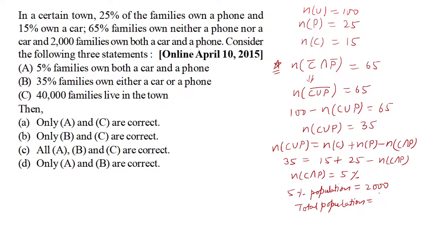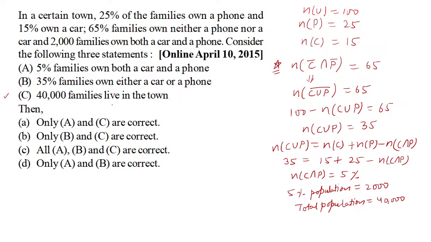If 5% is 2000, so total number of families will be what? 5% of the population is 2000 families, so the total population would be how many families? You multiply by 20. So you have 40,000 families. So that means C is indeed correct. 40,000 families live in the town.